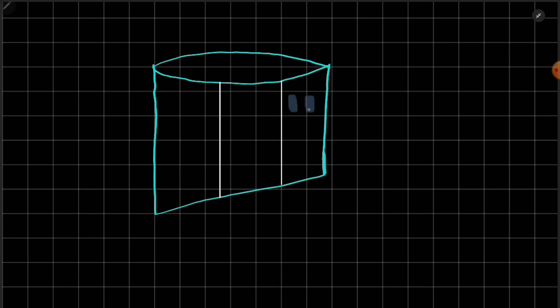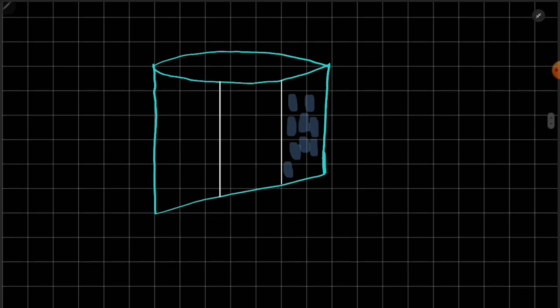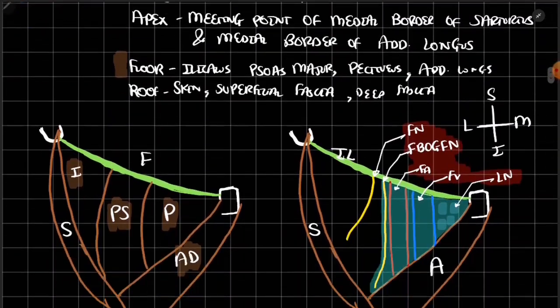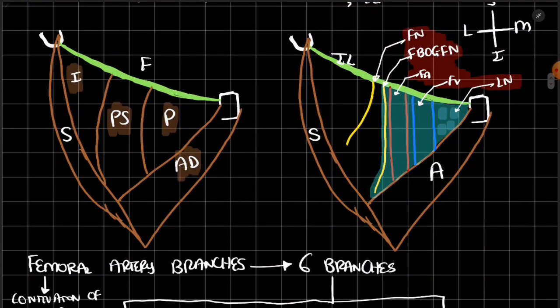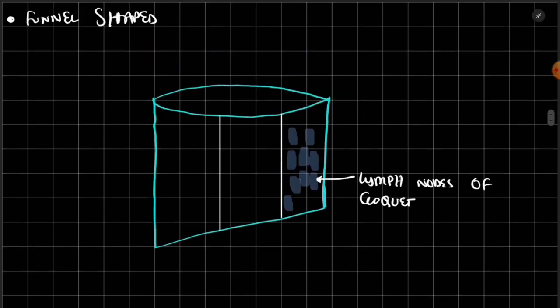Some lymph nodes are present in the medialmost compartment, and the name of these lymph nodes is lymph nodes of Cloquet. Then as we saw in the femoral triangle, what was the intermediate structure between the lymph nodes and the artery? Yes, it was the femoral vein.